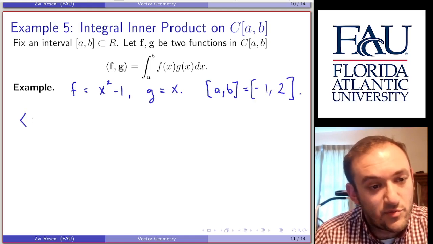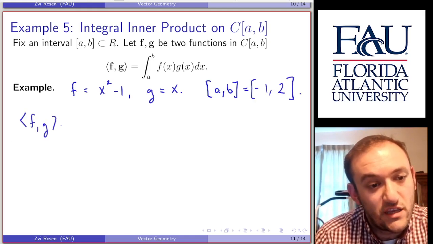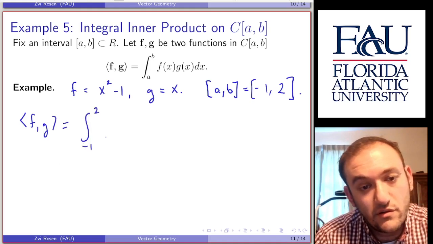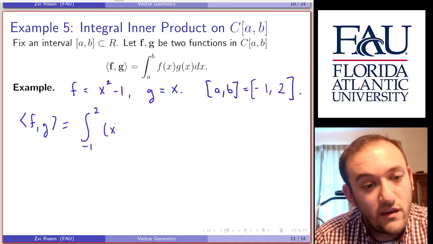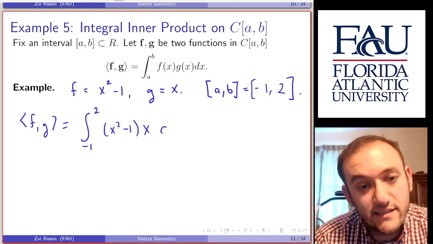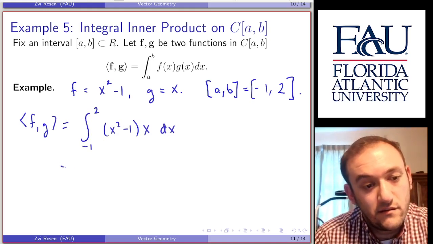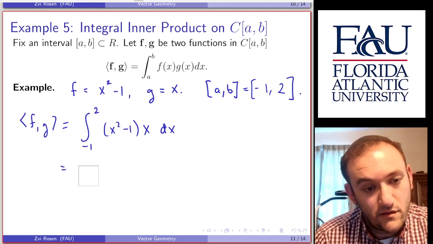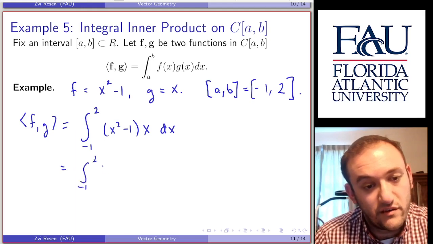Then the inner product of f and g is equal to the integral from -1 to 2 of x squared minus 1 times x dx, which is equal to the integral from -1 to 2 of x cubed minus x dx.